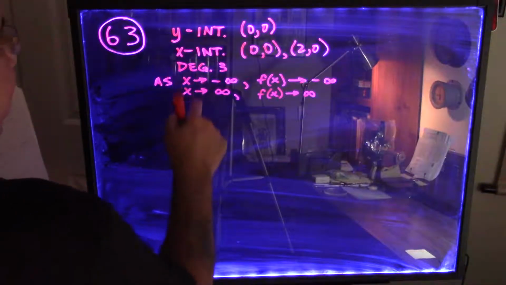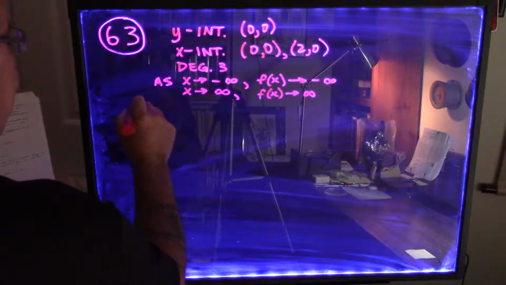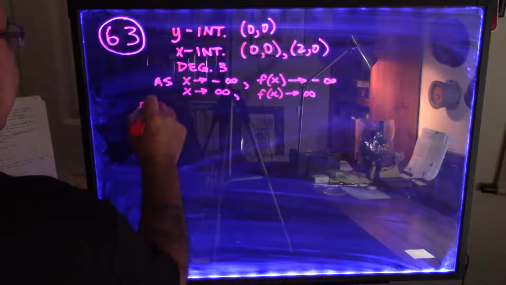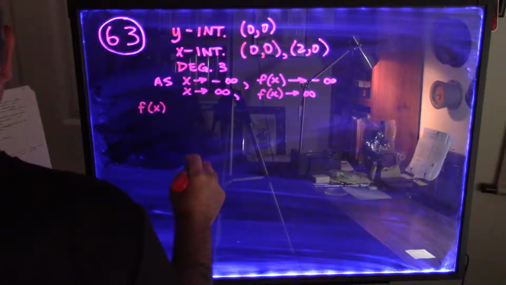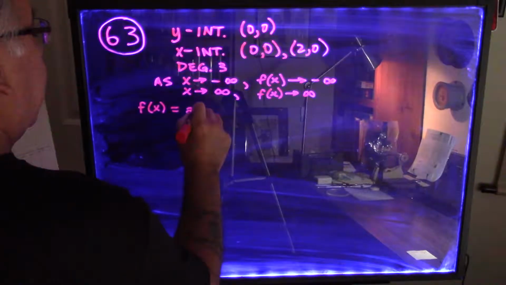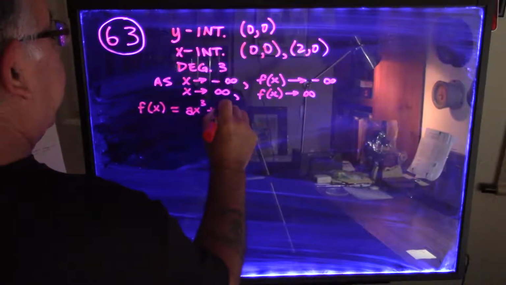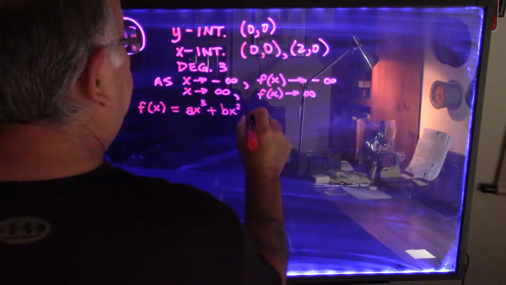Now, we'll use the fact that it's a degree 3 to come up with a general form for this polynomial. It's degree 3, so f of x must equal ax cubed plus bx squared plus cx plus d.